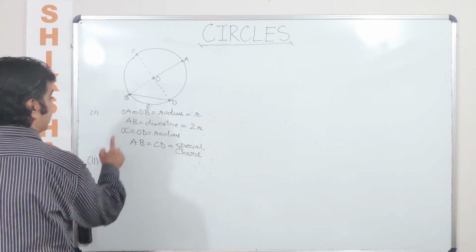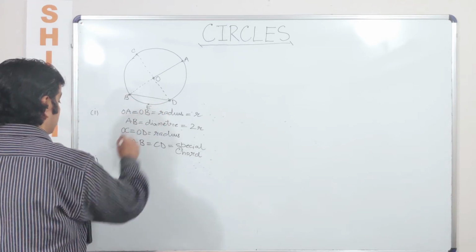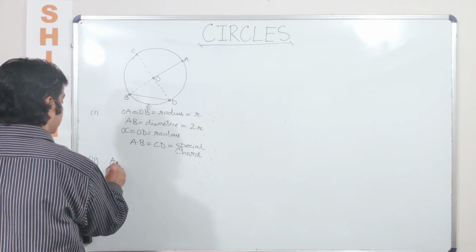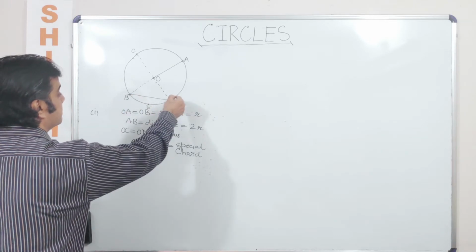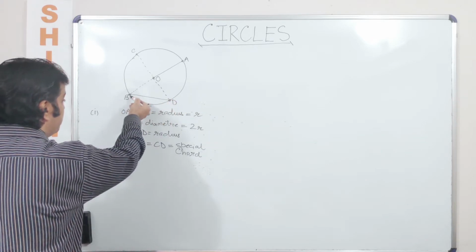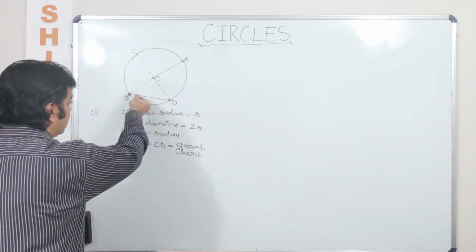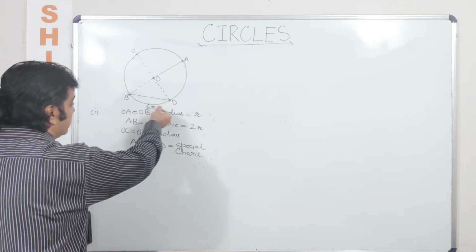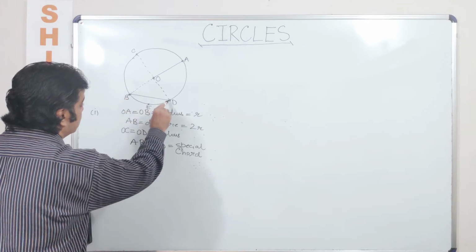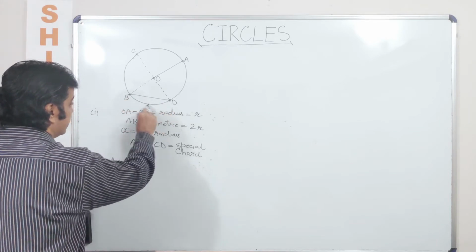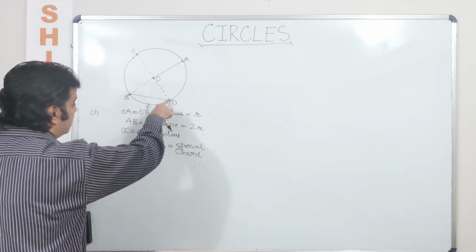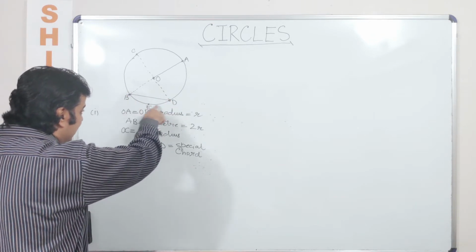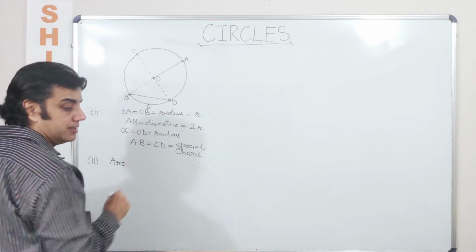So can I say, now this is an arc. What is an arc? You choose any 2 points lying on a circle, and when I move from this to this, this is a circular movement. So this is the circular line.